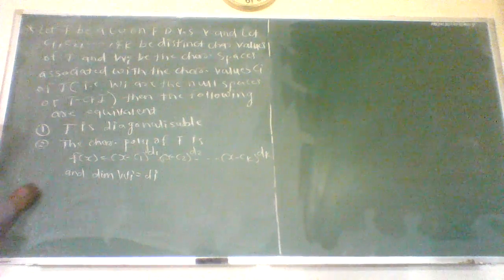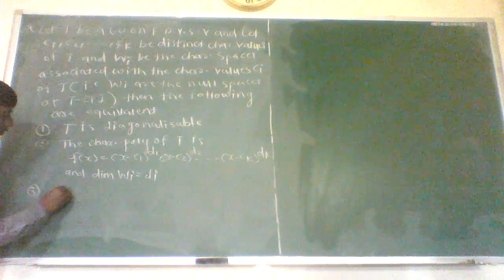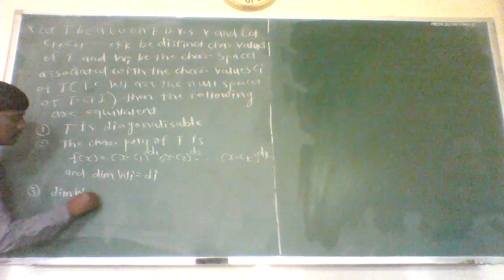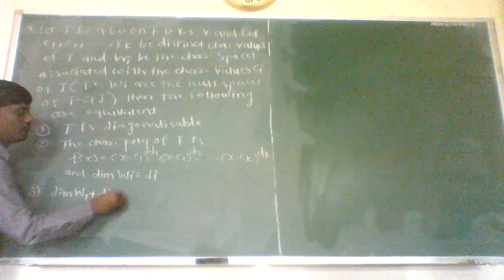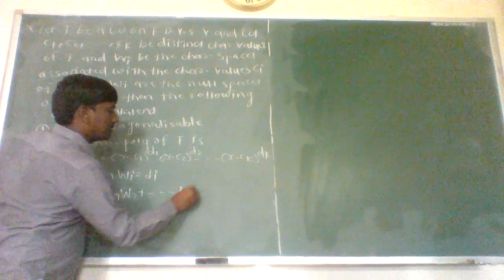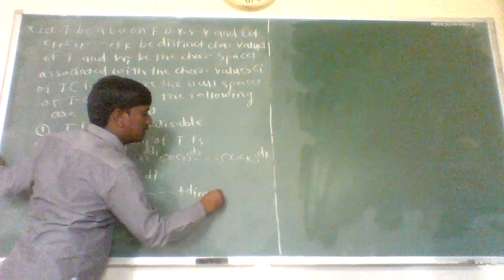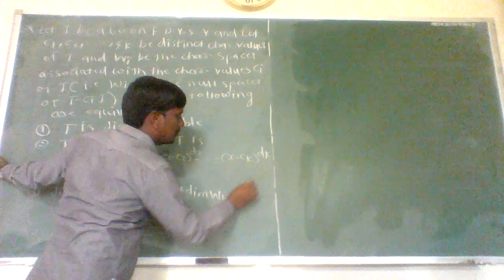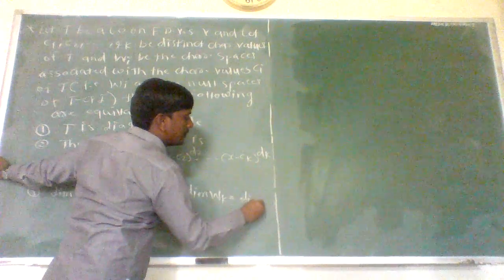And the third one is dimension of W1 plus dimension of W2 plus up to so on dimension of Wk is equal to the dimension of the vector space.